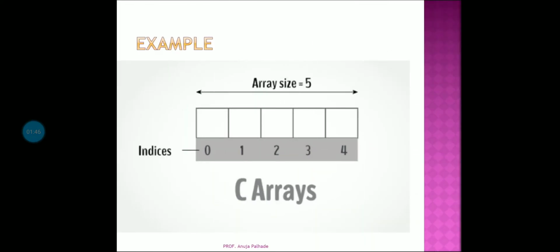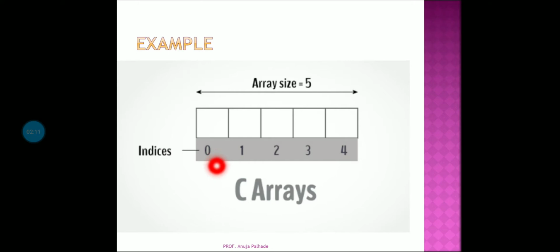For example, on your screen the image you can see is the array. This rectangular block always starts from the base address 0. So 0, 1, 2, 3, 4. This is the lower bound, and this is the upper bound.